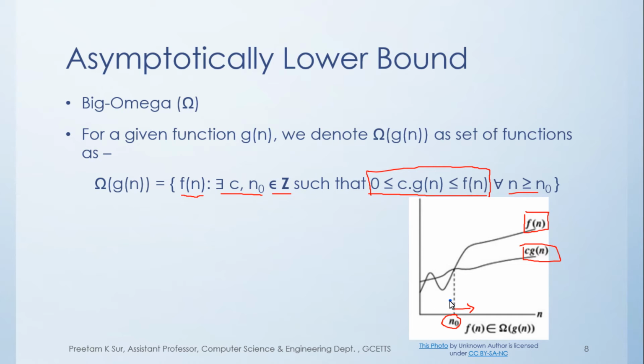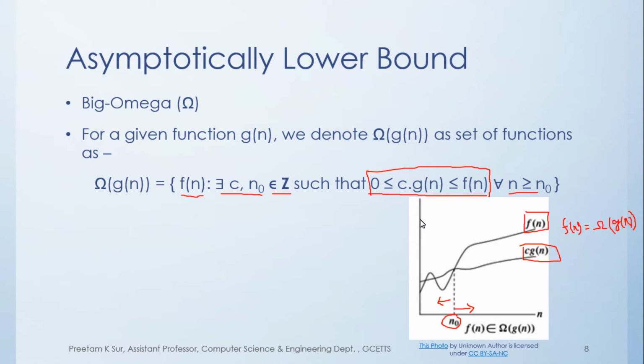Before n0 it might be possible that c into g(n) can be above f(n), but from the point n0, c into g(n) is always below f(n). In that case we are going to say that this g(n) function is giving you a lower bound to the function f(n). So we can write f(n) is equal to big omega of g(n). This is what it means.